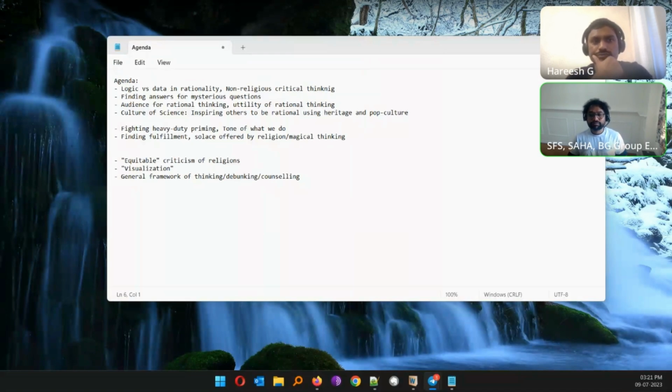But I want to find out from each of you, or whoever wants to say, what do you think would help in inspiring a culture of science? I think we can start with Sai Garu, who put this item in the agenda.